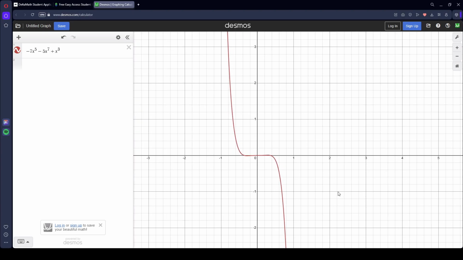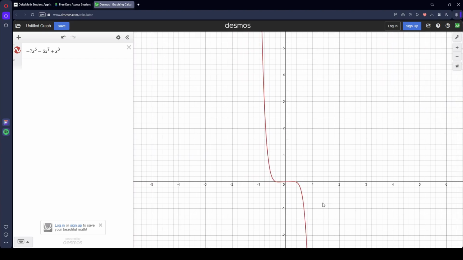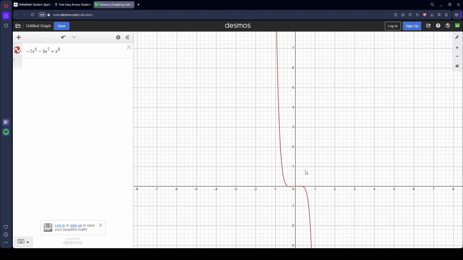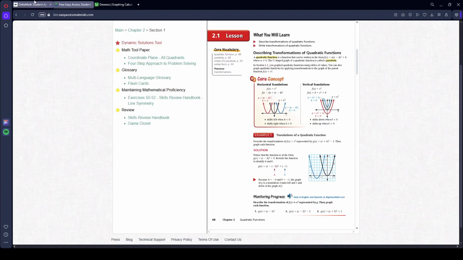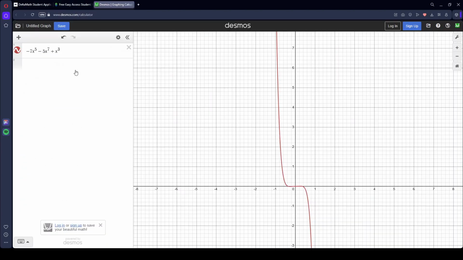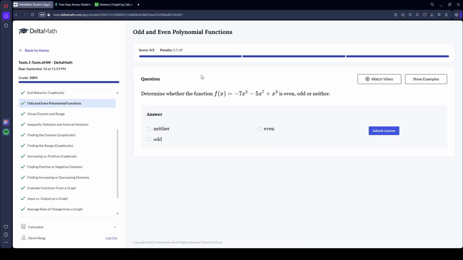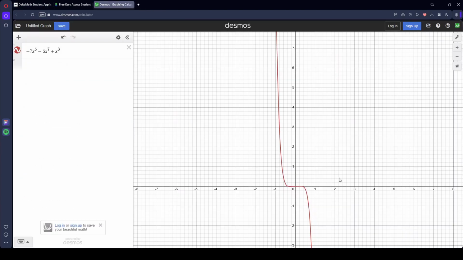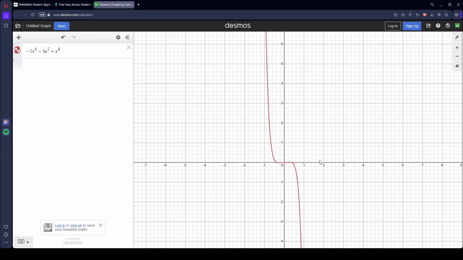Okay, now you might think this looks like an odd function. Let's see if it is. There's a way to figure it out if it's an odd function or not. Well, let's define what an odd function is.